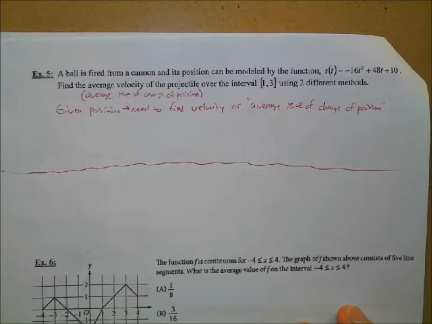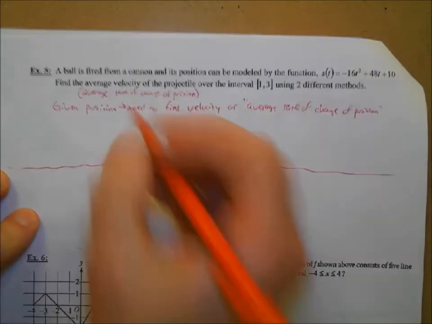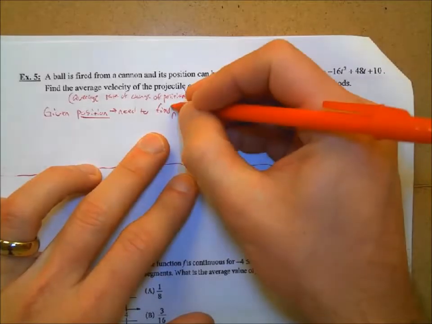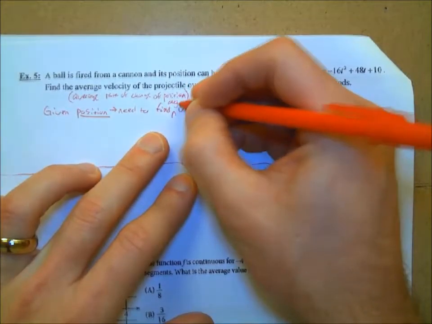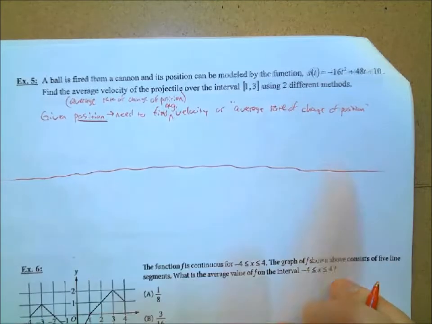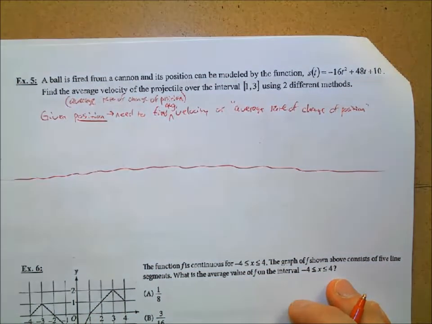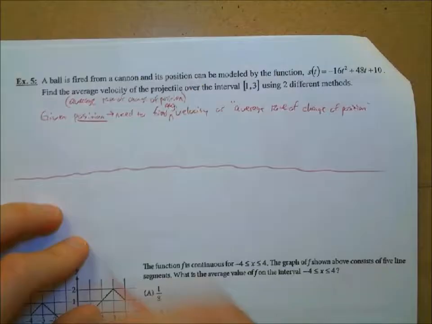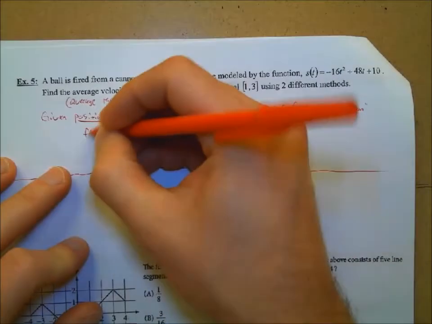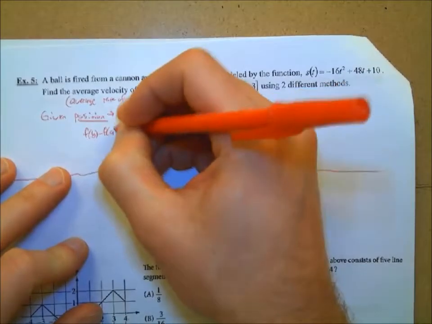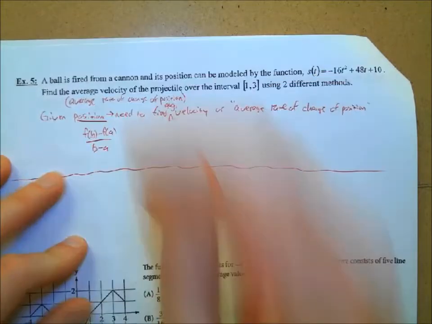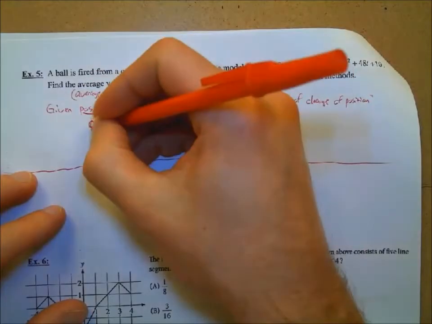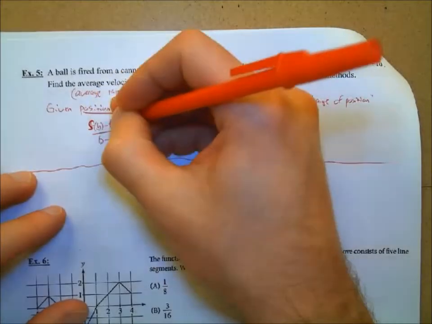We want to find the average velocity, or the average rate of change of position, so we would use the average rate of change formula. We could find this by doing f of b minus f of a over b minus a. Or I guess I shouldn't use f's there, I should use positions. Sorry. So it should be s of b minus s of a.